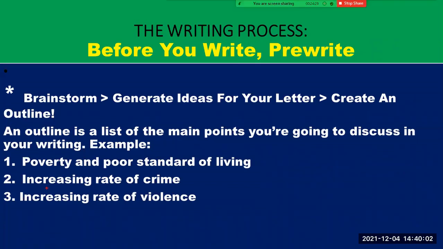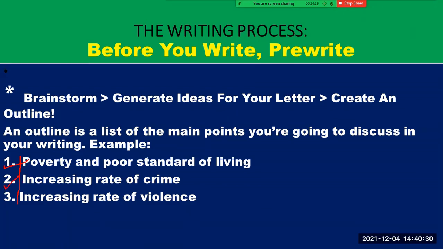All right, so in creating an outline, we want to make sure we jot down 3 of these evils of unemployment. So number 1, we say poverty and poor standard of living. Someone who is unemployed is facing poverty because there is no means of income, right?